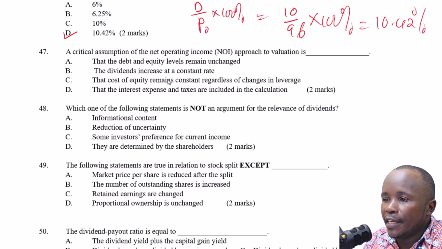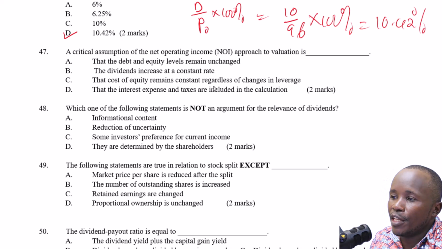The dividend increases at a constant rate? The net interest expense and tax are included in the calculation? The most common is that the cost of equity remains constant regardless of the changes in debt.